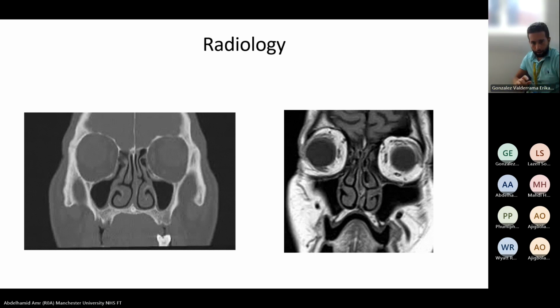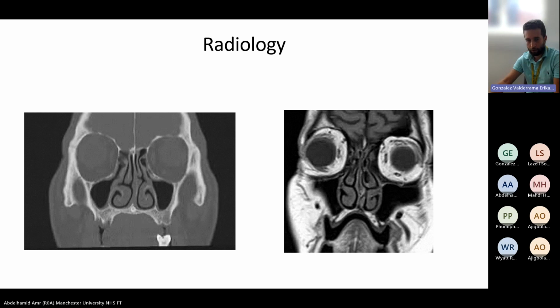You are all familiar with CT scans of the sinuses, so do you want to go through it quickly? I can go through it quickly at the end, because this is just one cut. If you look at this one cut, this is obviously the maxillary sinus.